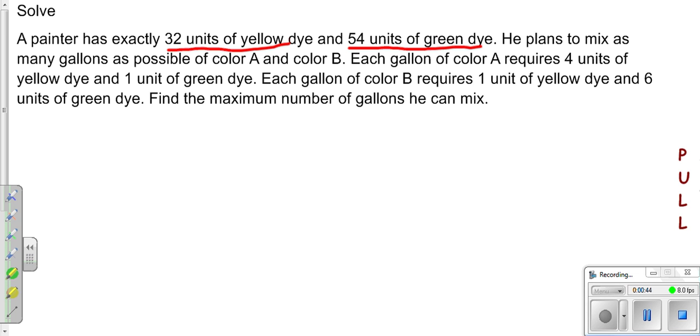So there's really 2 things we don't know. We don't know how many gallons of A, so I'm going to say A, sorry, just a second here.